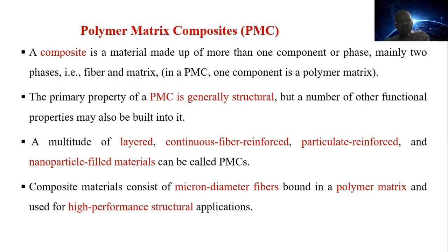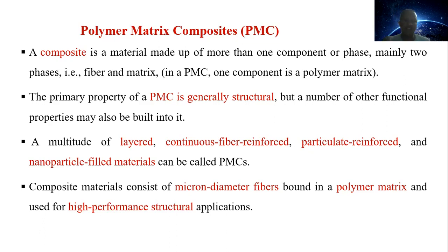This combination will yield a high performance material. The primary property of a polymer matrix composite is generally that it is structural, but a number of other functional properties may also be built into it.